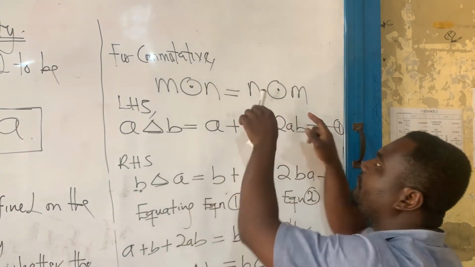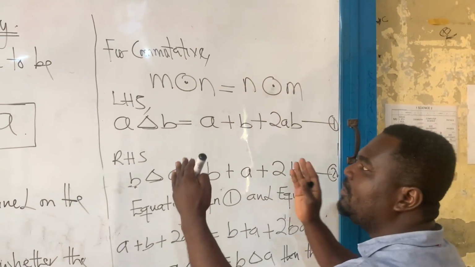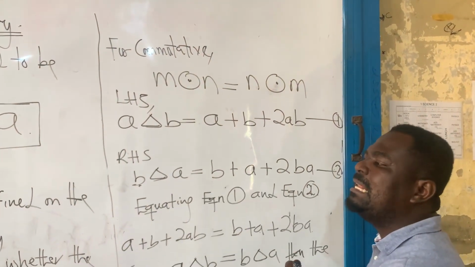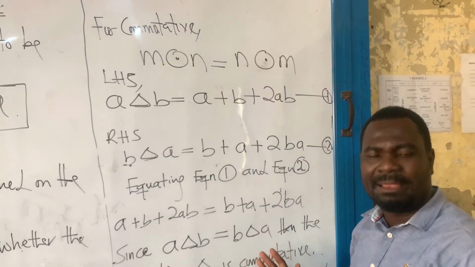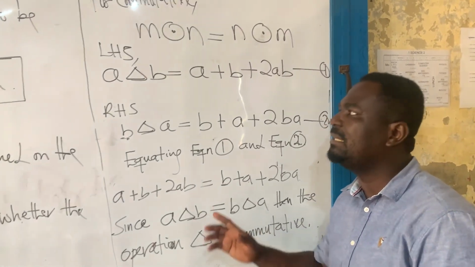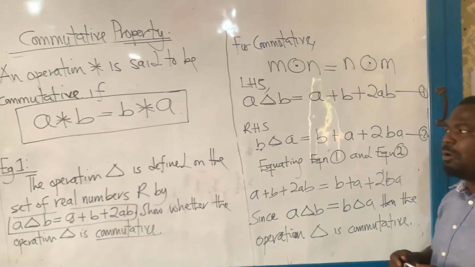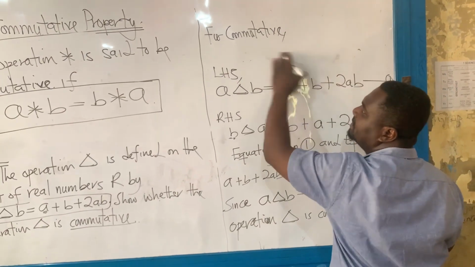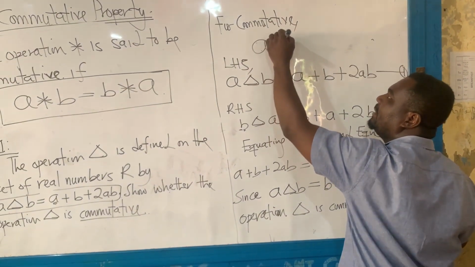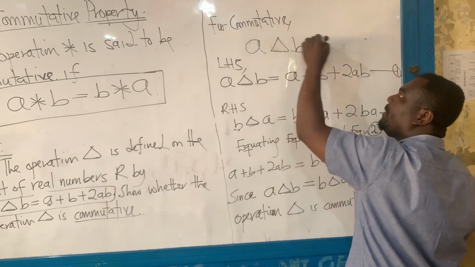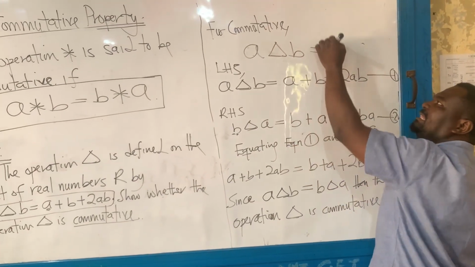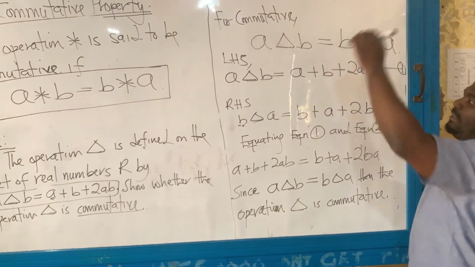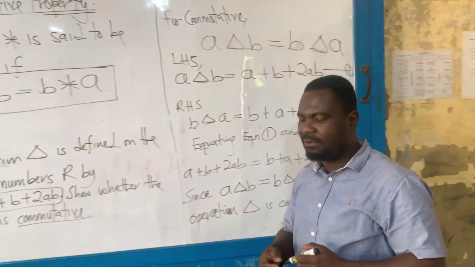After you are done, you solve for your right hand side. When you check the left answer and the right answer, if the two answers are the same, then we can say that the operation you are working under is commutative. But for our case here, it was given to us as A triangle B. For it to be commutative, you have to write it as B triangle A. That is the condition for the commutative property.